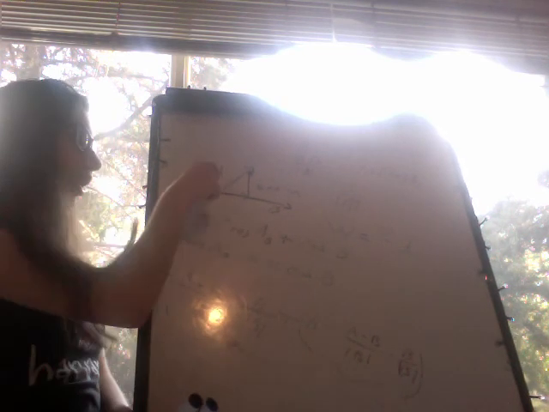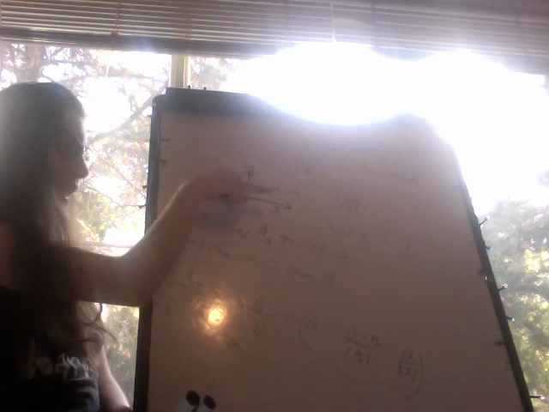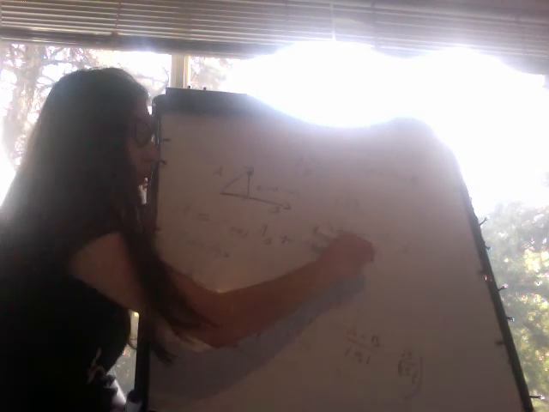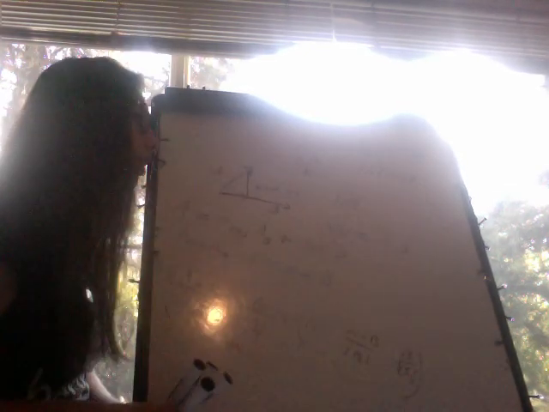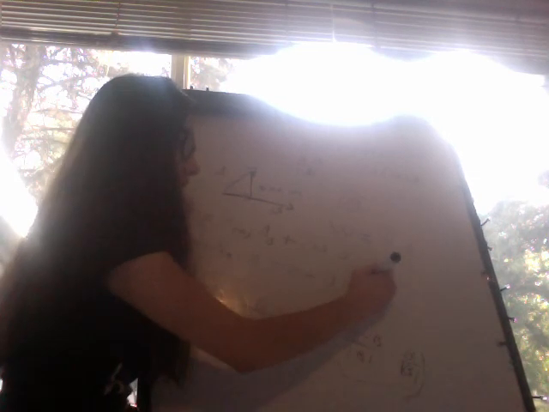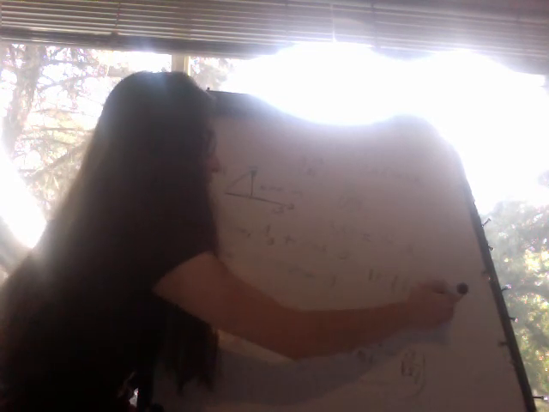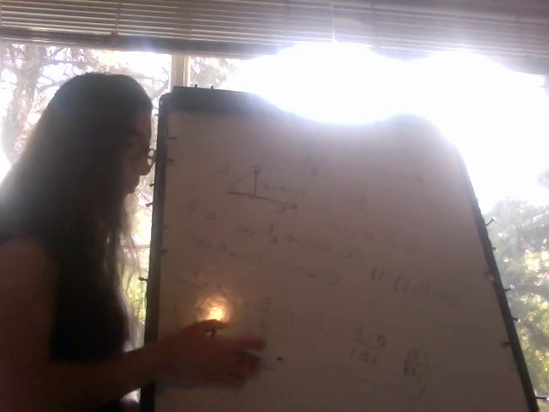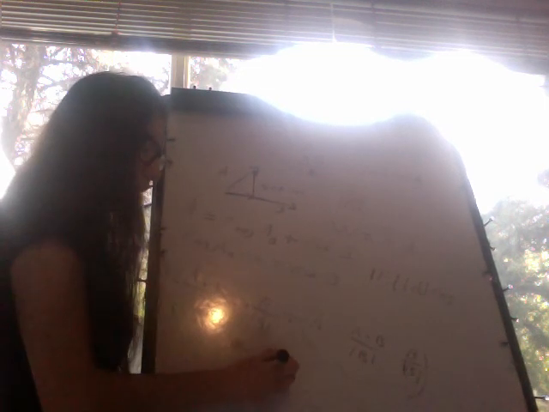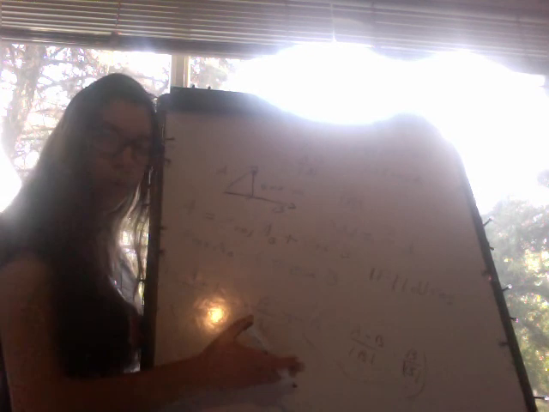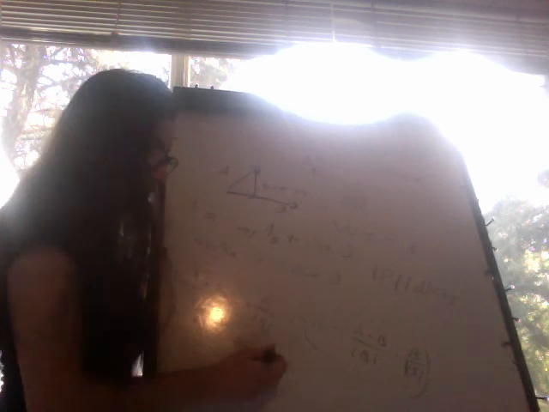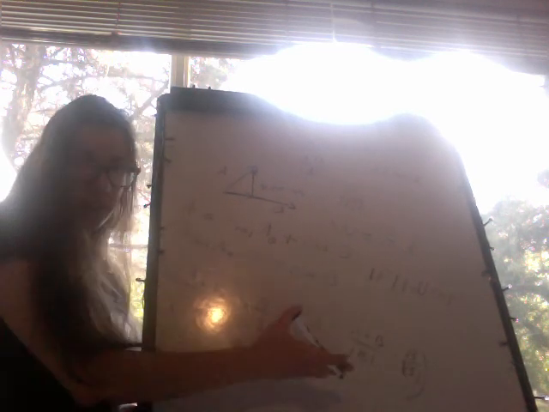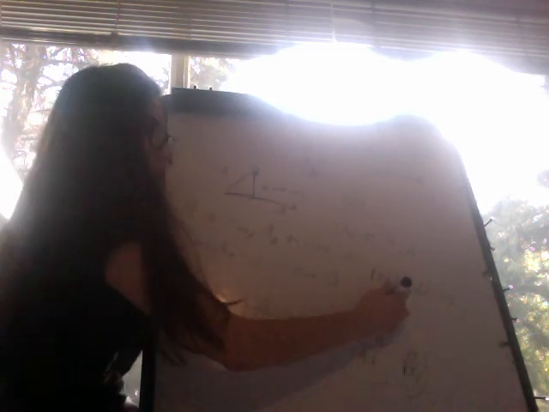So when we do F dot D, we have the magnitude of F times the magnitude of D times the cosine of the angle between the direction in which we want to know the work, that is the distance, and the force. Here we are applying the force in this direction, so it is cosine of 0 degrees, and we just have force times distance.